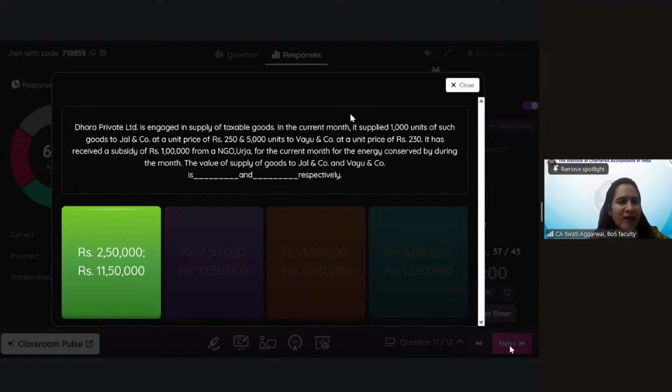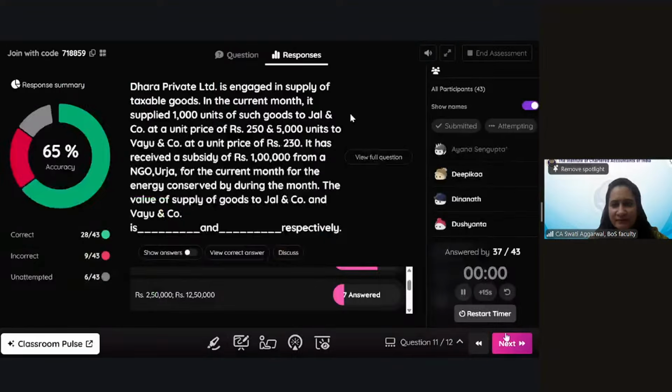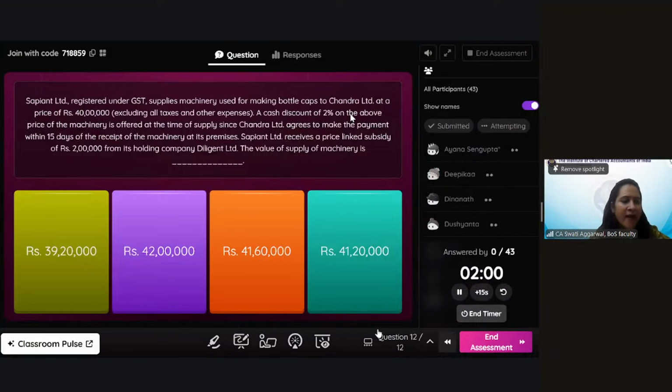Now, the last question of the day, which will define who is the leader of today's GST Titan quiz, is there on your screen. Sapient Limited, registered under GST, supplies machinery used for making bottle caps to Chandra Limited at a price of rupees 40 lakh, excluding all taxes and other expenses.